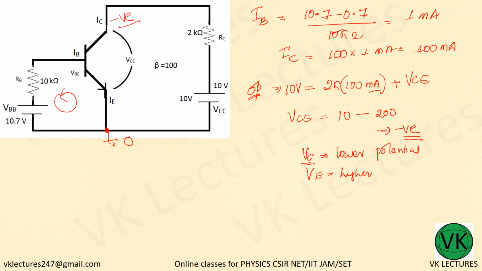So this is an NPN transistor. So output is on this side. Our junction 2 is N connected to N, so this is forward, right?